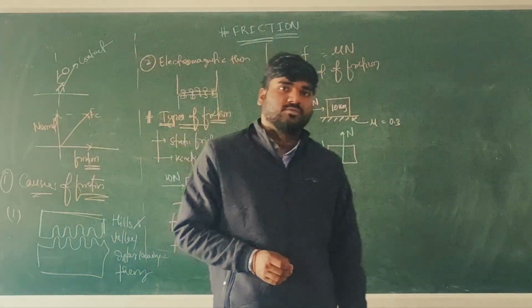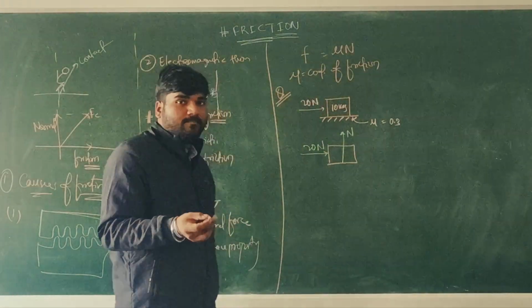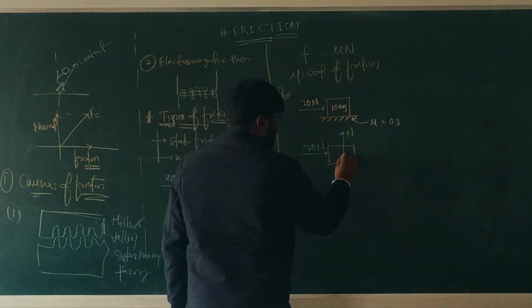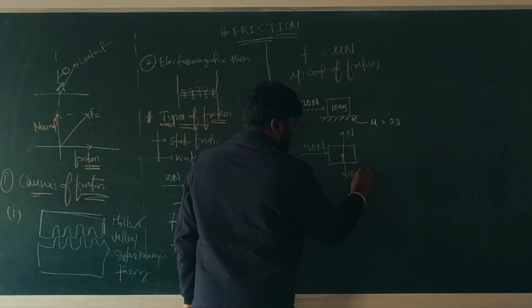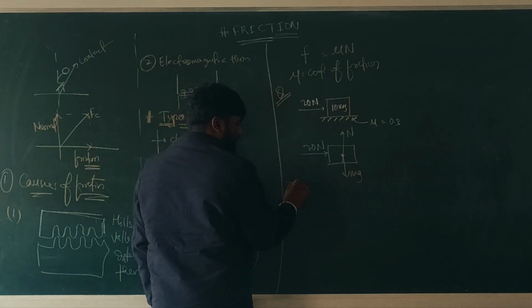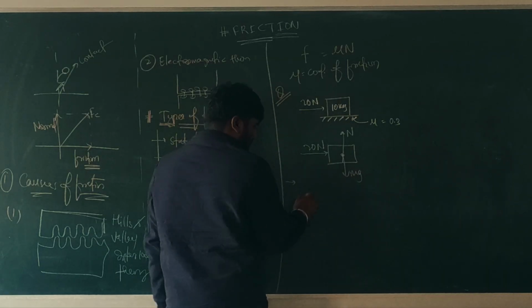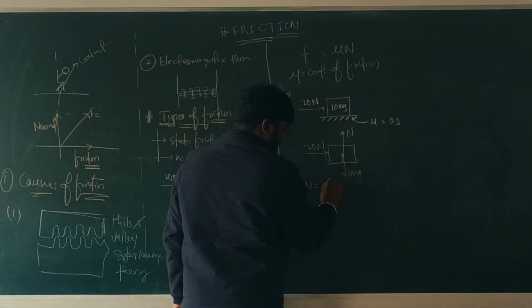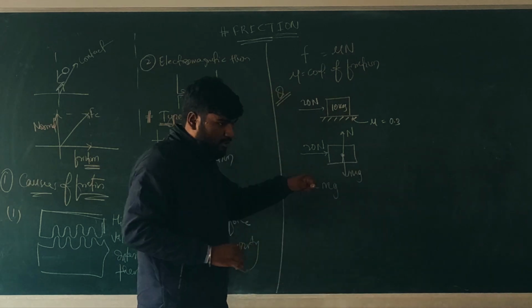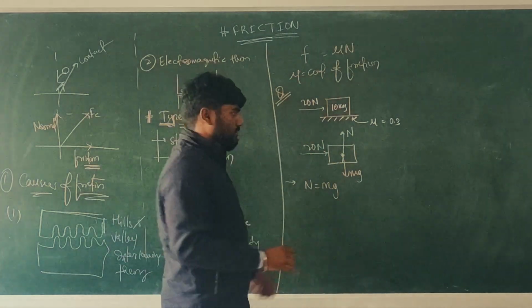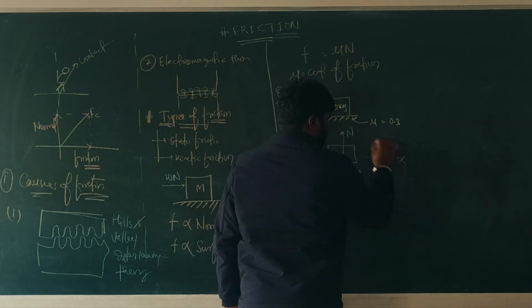Apart from gravity, there is no non-contact force. So gravity acts at the center of mass, mg. Now do the force balance. So the normal would be equal to m into g, as the box is not moving in the x and y direction. This is our x and this is our y.